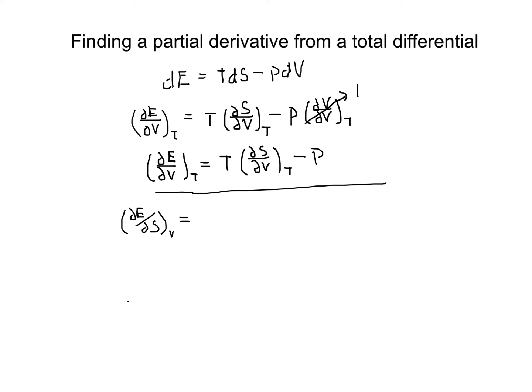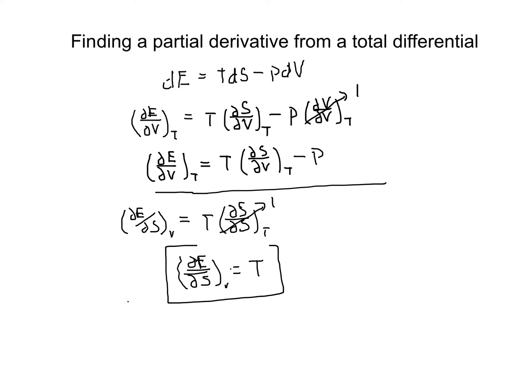So dE/dS at constant V will be equal to T times dS/dS at constant T, but dS/dS is equal to 1, and so we find that the derivative of energy with respect to entropy at constant volume for a closed system is equal to temperature, which is just the definition of temperature, which we got at the end of chapter 2.